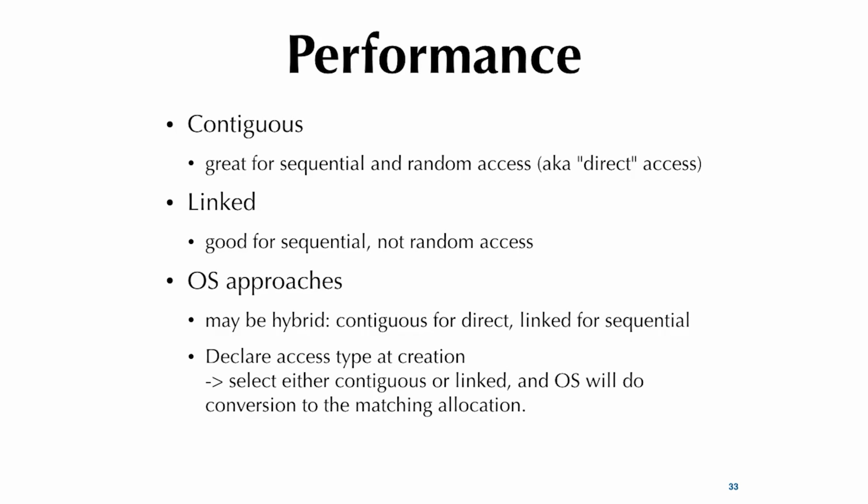And so it may support some kind of API to say, well, I want to create one that's contiguous, one that's linked, and OS will try its best to do it. Or if it can't, then it offline or during idle time, it does the conversion to optimize for the performance. Or it could do it from its own profiling.